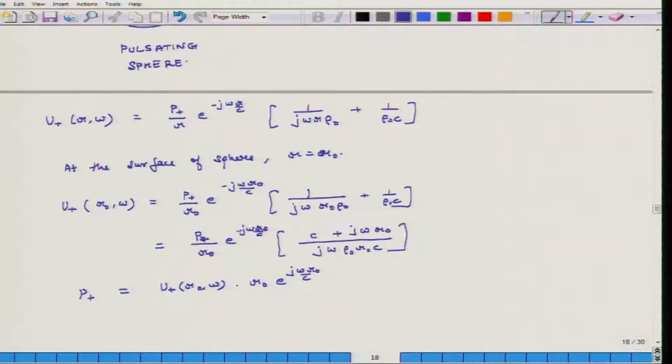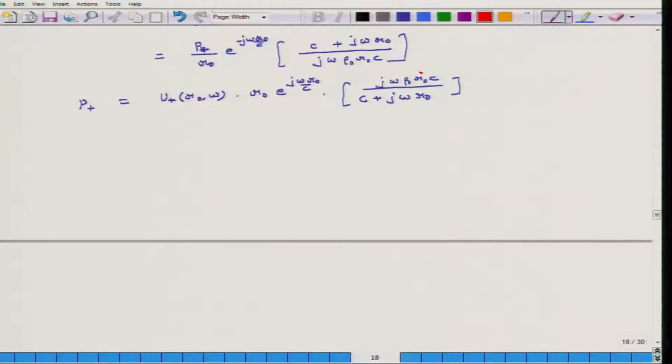The exponent of minus j omega r naught over c, when it goes to the other side, becomes positive, times j omega rho naught r naught c divided by c plus j omega r naught.